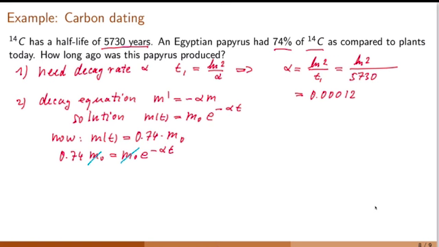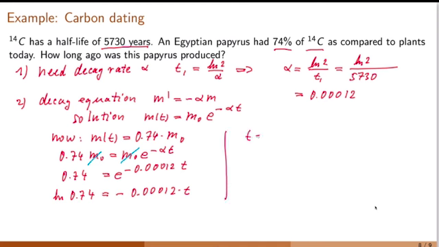So let's maybe first sub what alpha is. So then we have 0.74 equals e to the minus 0.00012 times t. So now we have an equation for t. Applying the natural logarithm, we have ln 0.74 equals minus 0.00012 times t, where I used one of the logarithmic rules for the exponential.